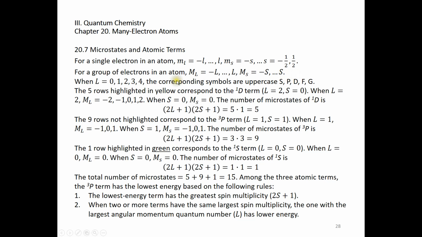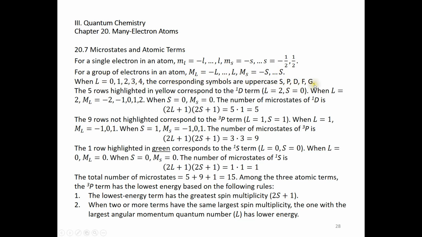For a group of electrons in an atom, we use uppercase M sub L, uppercase L, uppercase M sub S and uppercase S. Alright, so when L, the uppercase L, is 0, 1, 2, 3, 4, the corresponding symbols are uppercase S, P, D, F, G.